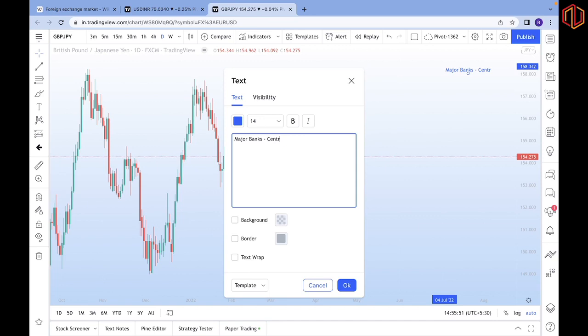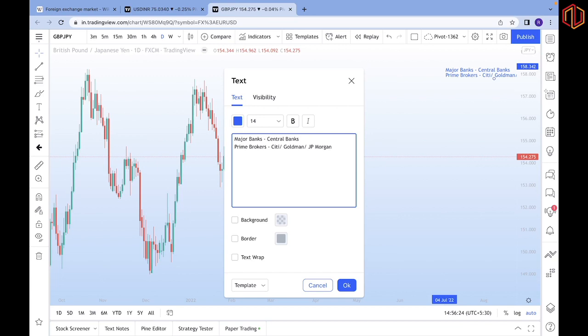Below the central banks are the prime brokers, which are the biggest financial institutions or banks in the world. For example, you have Citibank, Goldman Sachs, JP Morgan. These are the biggest financial institutions in the world, called prime brokers.